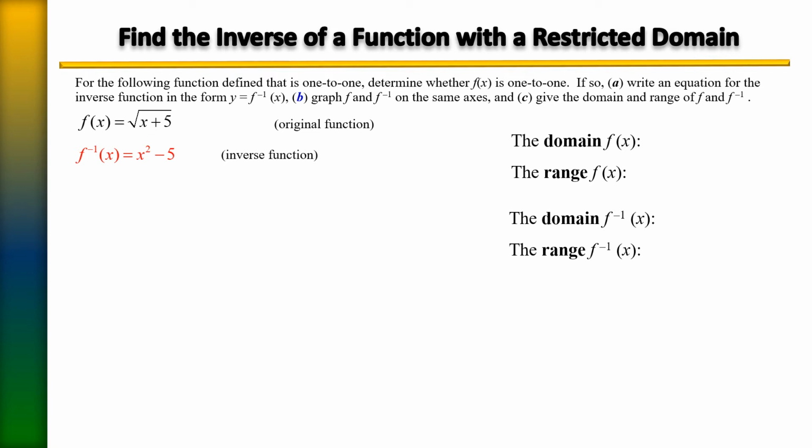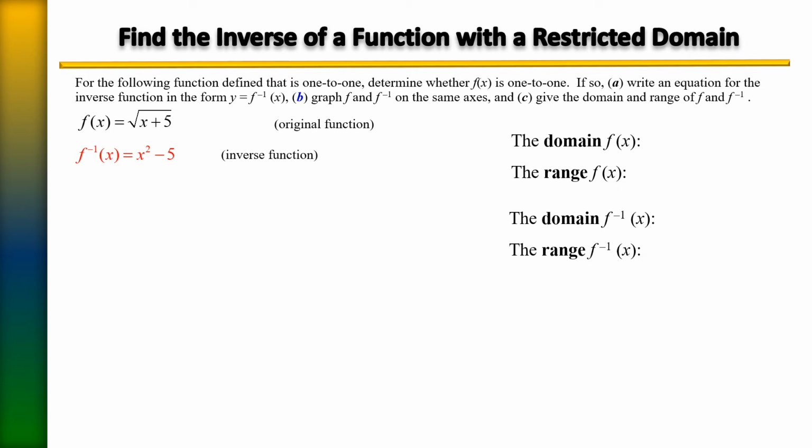So what you would do is take whatever is under the radical and set it to where it is greater than or equal to 0, and then solve for x, and that will tell you all the numbers you are allowed to plug in.